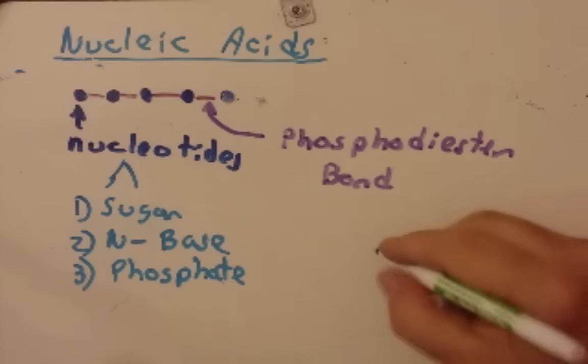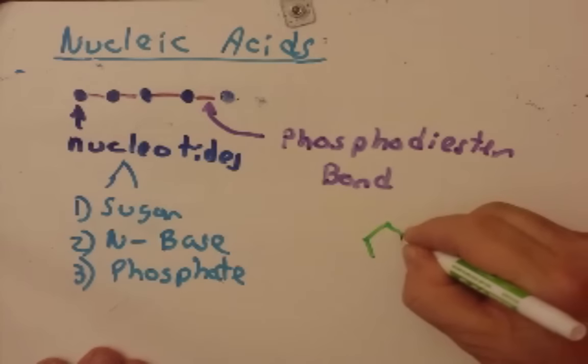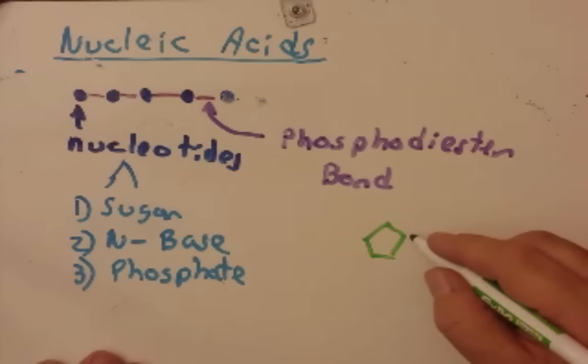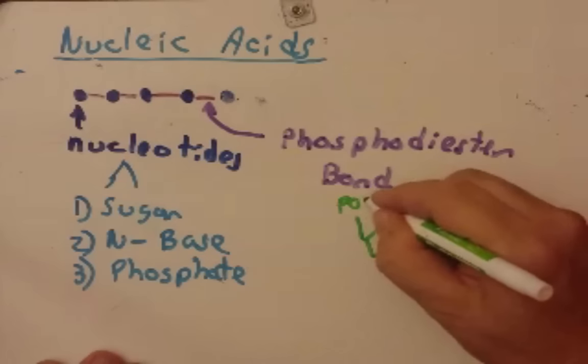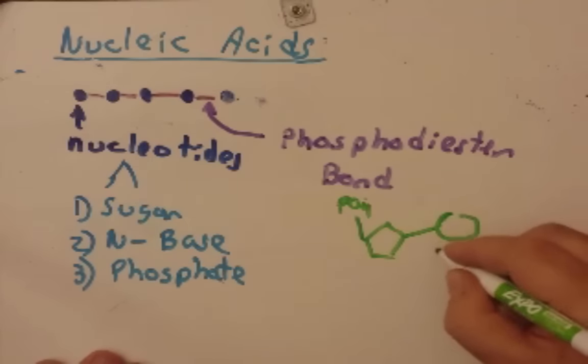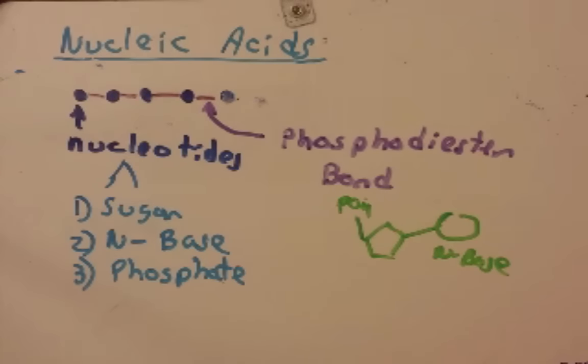Again, you're not going to have to draw this on an exam, but I just want to show you what it looks like. This is your sugar, and it can be either ribose or deoxyribose, depending on if it's RNA or DNA, but we'll come back to that later in the semester. You have a phosphate group here, and over here you have your nitrogenous base. When nucleotides come together, they come together at this OH group on this sugar.